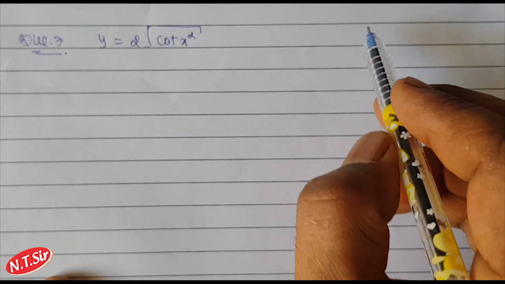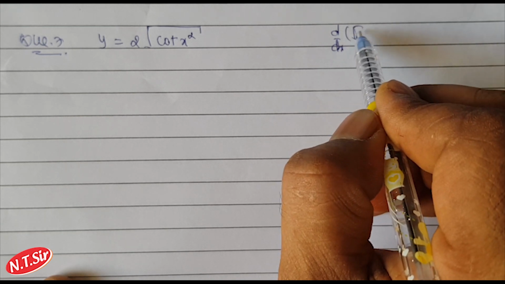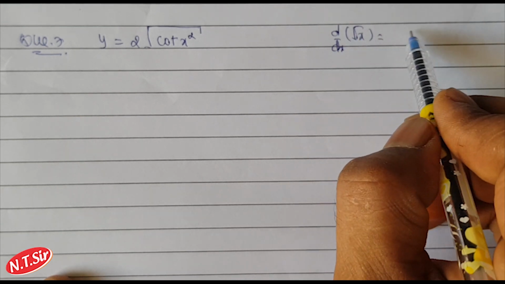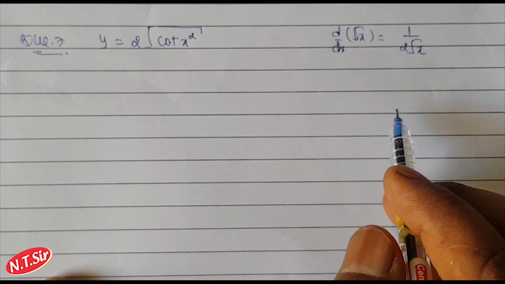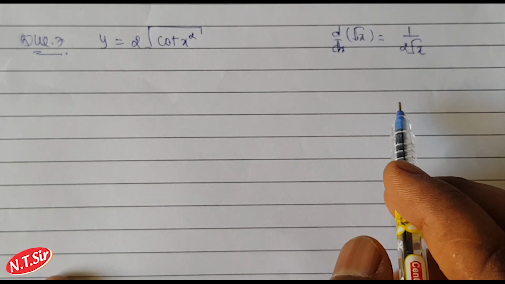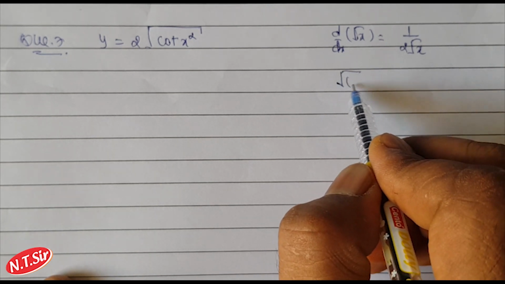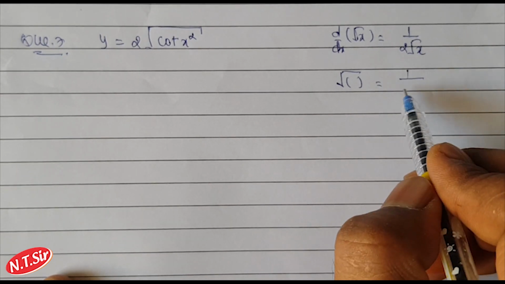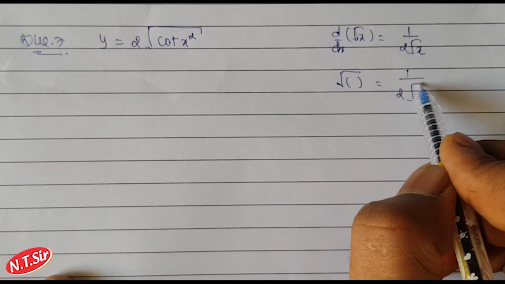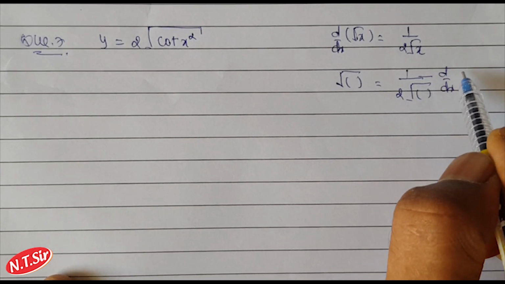Now we know that d dx of root x is 1 upon 2 root x, that is root bracket, derivative of root bracket is 1 upon 2 root bracket into d dx of bracket.